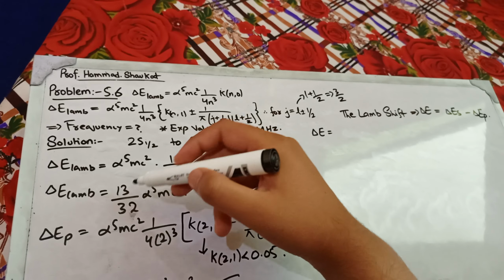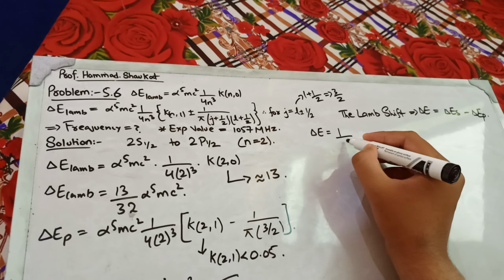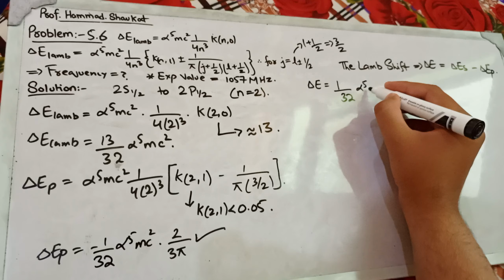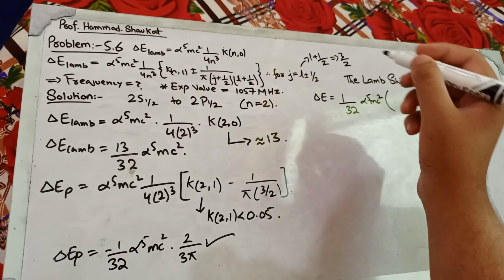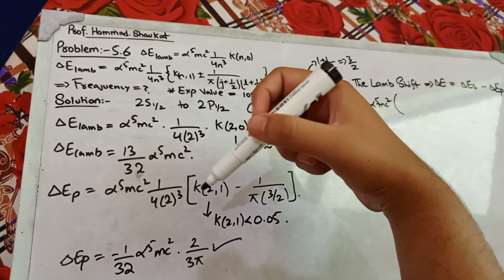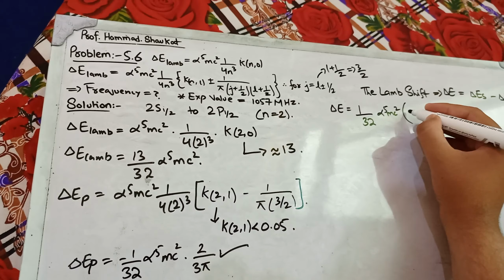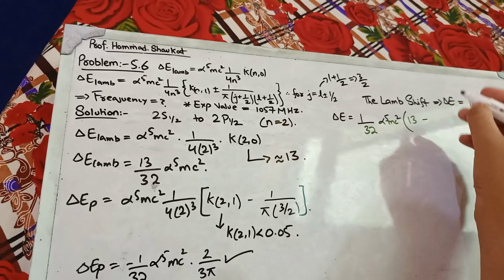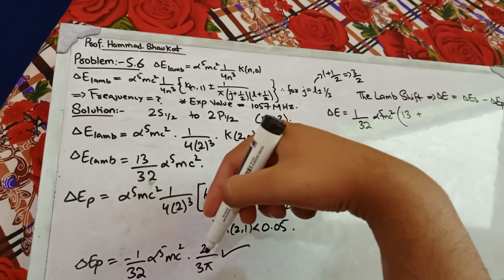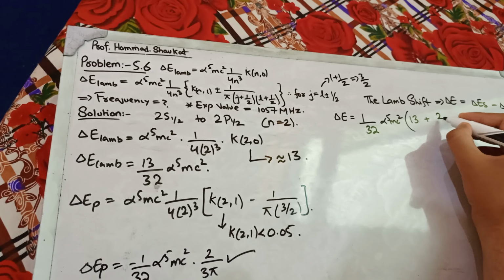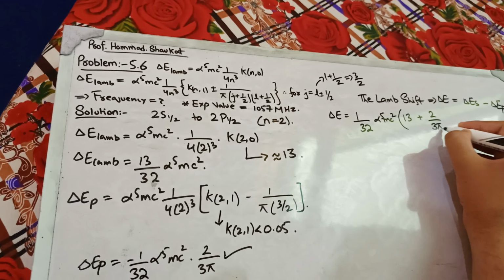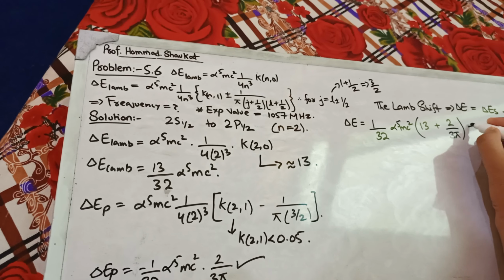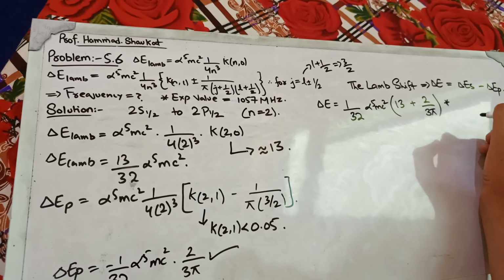Also 1 by 32 is common to both, so you can take common 1 by 32 alpha^5 mc^2, and what is left of this minus this is the term 13, so 13 minus minus, and this minus becomes plus, and you are left with 2 divided by 3 pi. Understood? So this is your final relation for the Lamb shift.